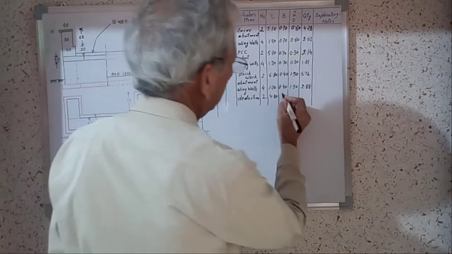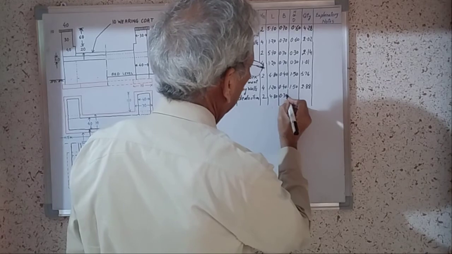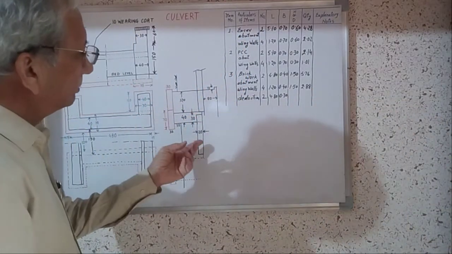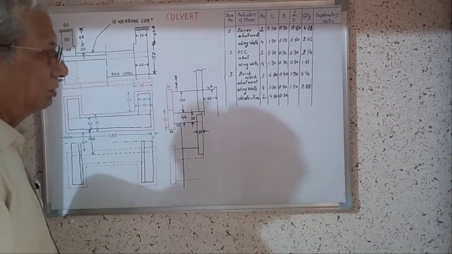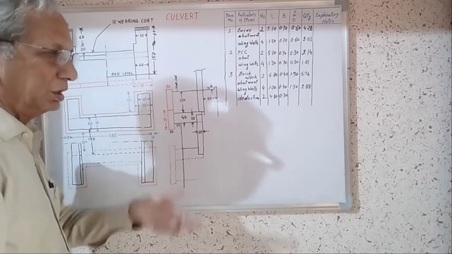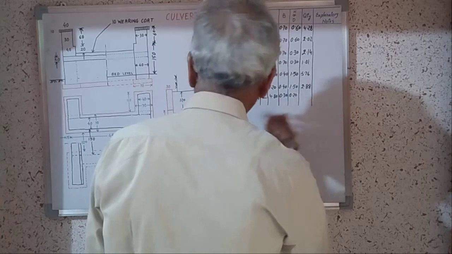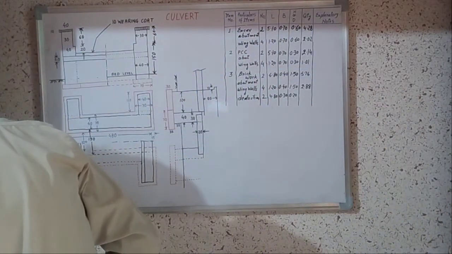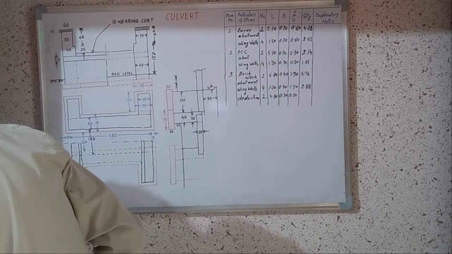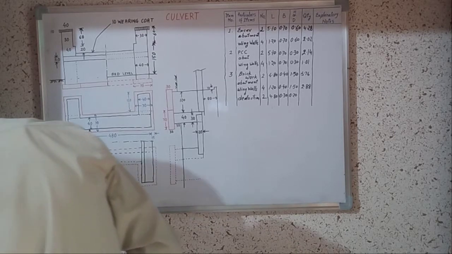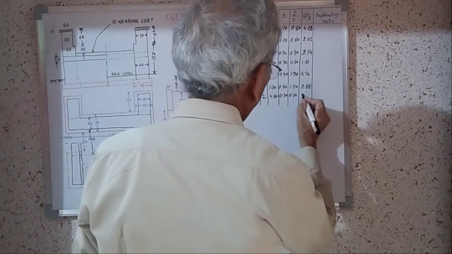Now depth we will take 20 centimeter, the thickness of the slab. Therefore the quantity which will be deducted is 0.57.